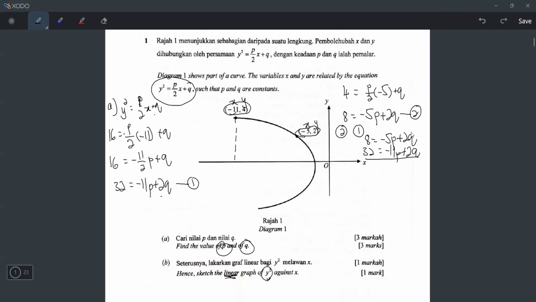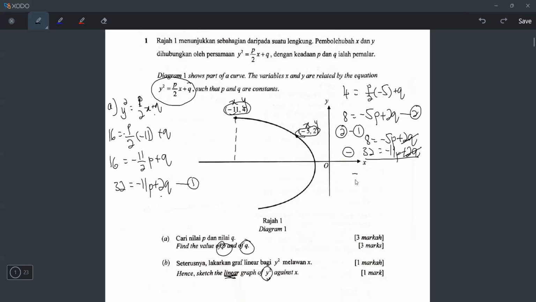You can see the 2q and the 2q, the coefficient is the same. And look at the sign here. The sign here is the same, right? So if the sign is the same, you minus. But if the sign is different, then you plus. So what happens when you take 2q minus 2q? It is 0. Of course you can take equation 1 minus equation 2 also, you get the same, but I take equation 2 minus equation 1.